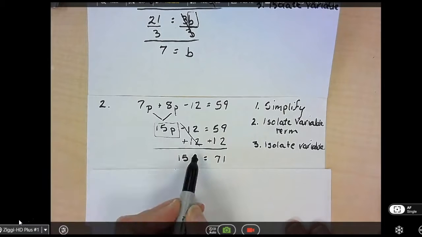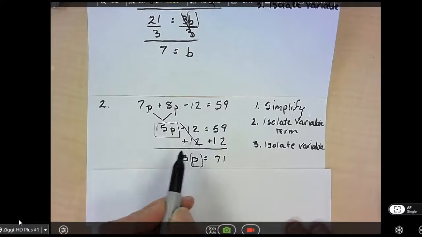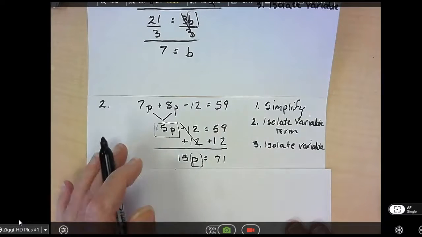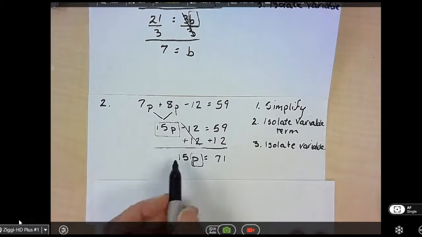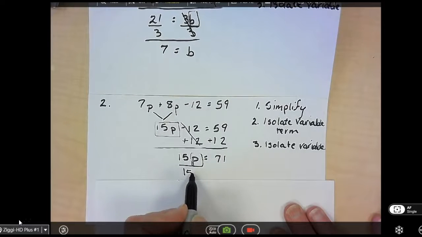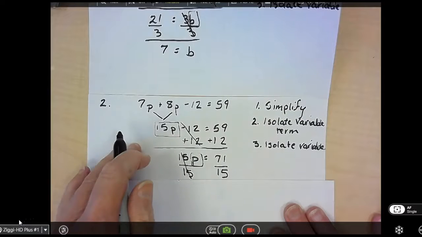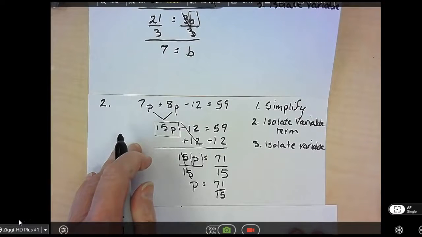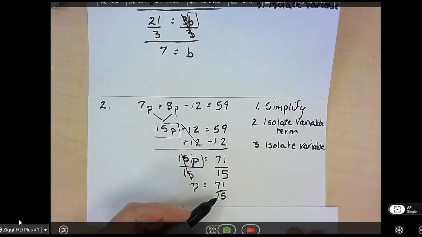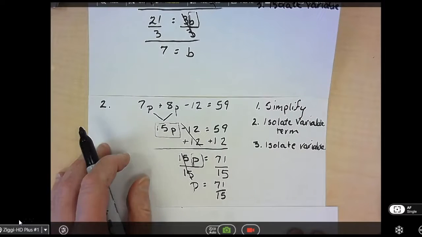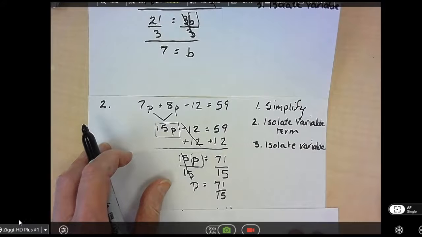I isolate the variable, which is just the p, so I have to get rid of the 15. Divide both sides by 15. Now 1p equals 71/15. 15 does not go evenly into 71, but I know 15 times 4 is 60, and that leaves me with 11 left.